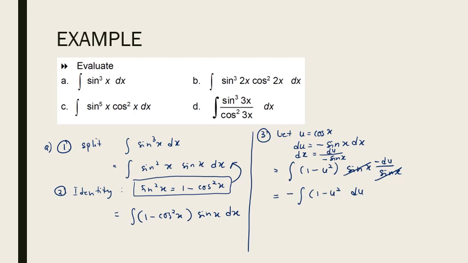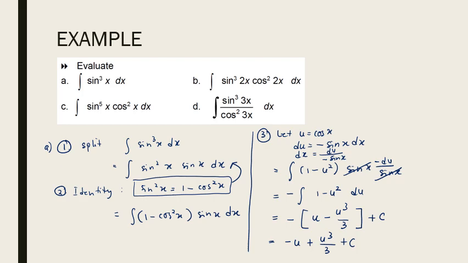Without bracket is okay. Then integrate as usual. Integrate 1 is u, integrate u square is u cube over 3, plus c. Negative brought inside the bracket becomes negative u plus u cube over 3 plus c.